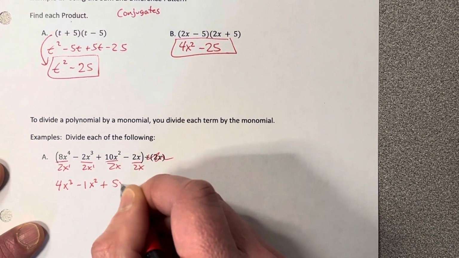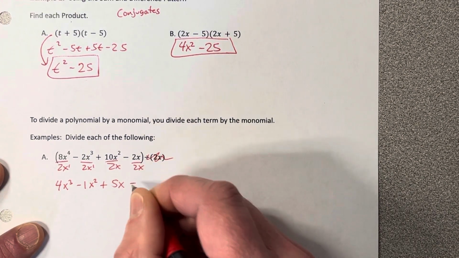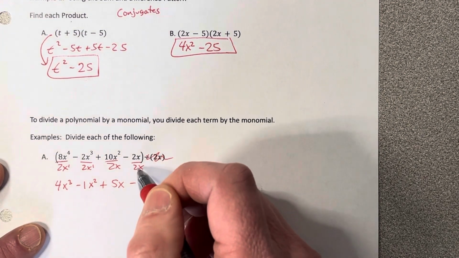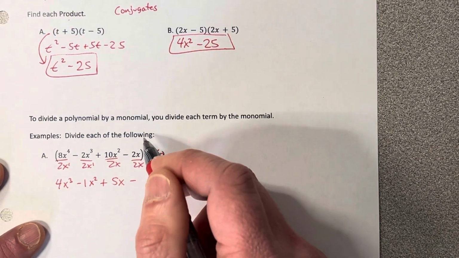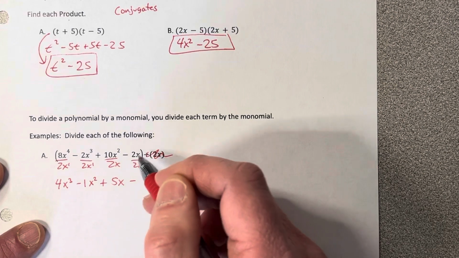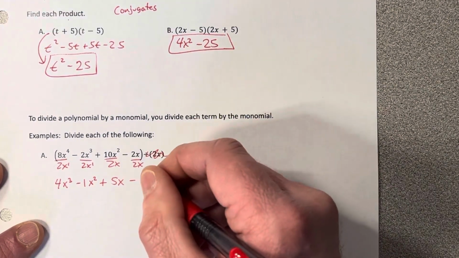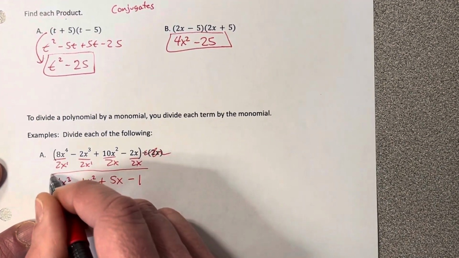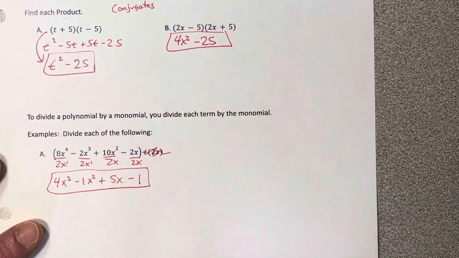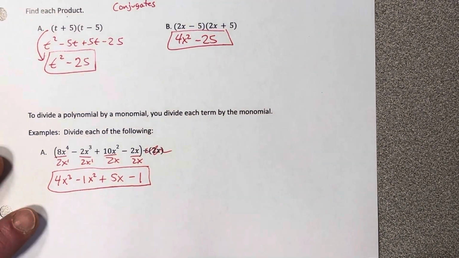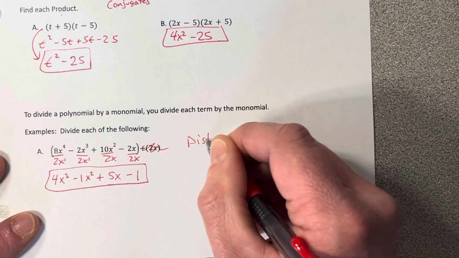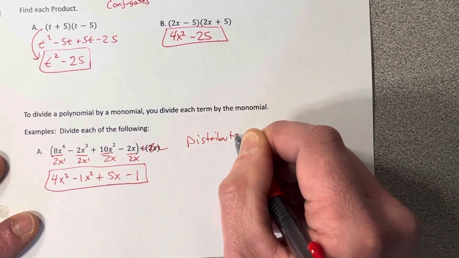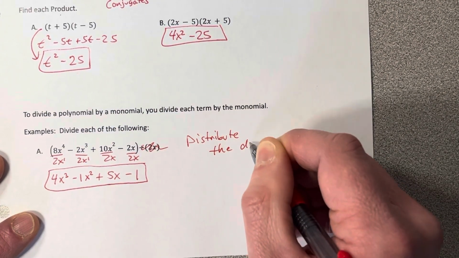Plus 5x, and then 2x divided by 2x is 1. 2x goes into 2x one time, and that's how it's done. That's how division goes. You distribute the division.